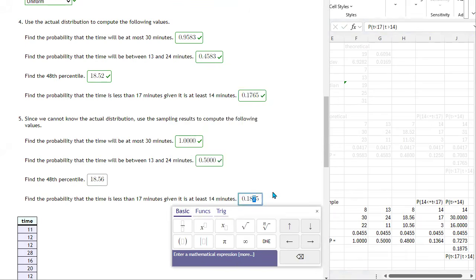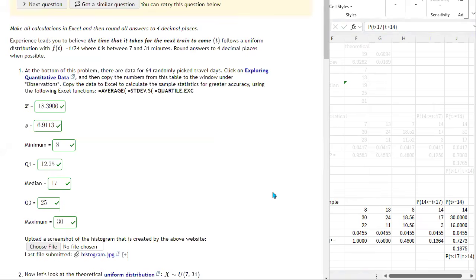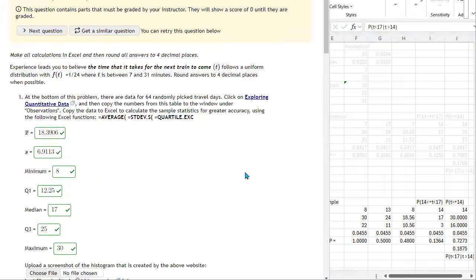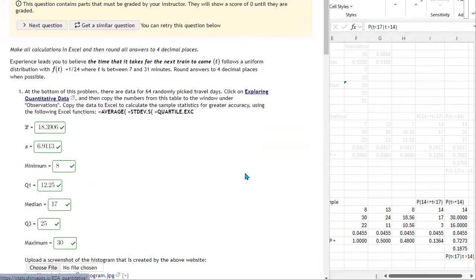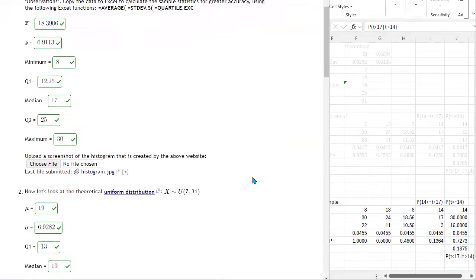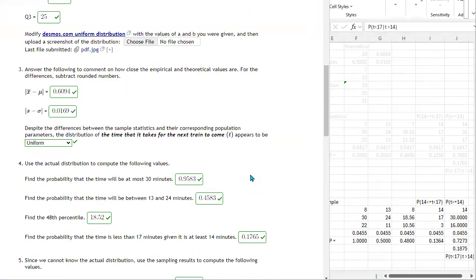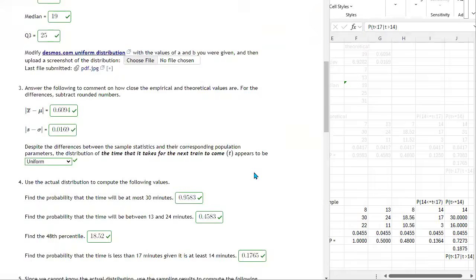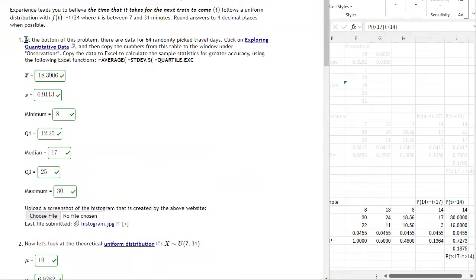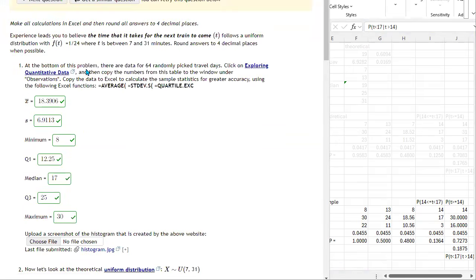So the purpose of this first part of lesson 3 is, one, to introduce you to the uniform distribution, both theoretical and what we call empirical, from the sample. And then to give you an idea that we are technically making errors because we cannot know the theoretical distribution.